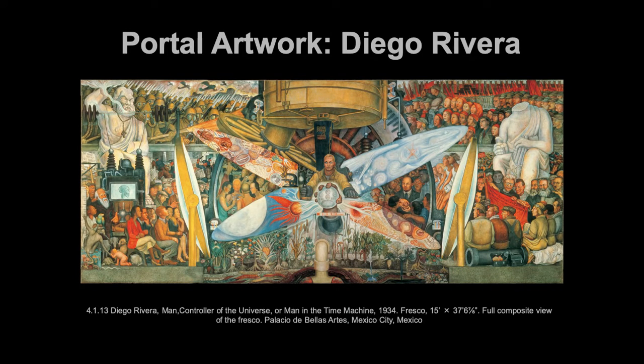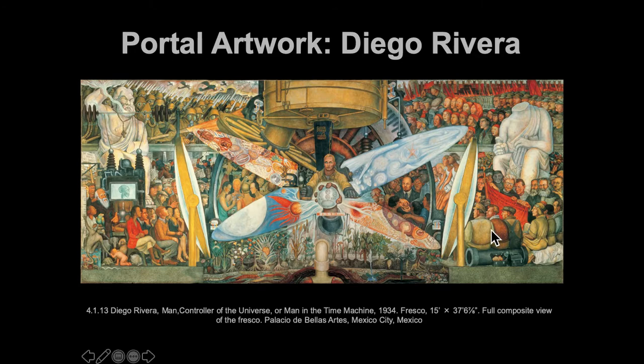This piece from Diego Rivera, very famous. This is a fresco, from 1934, and he's one of the reasons that artists don't paint in fresco directly on the wall, because he did a version of this originally in the Rockefeller Center.